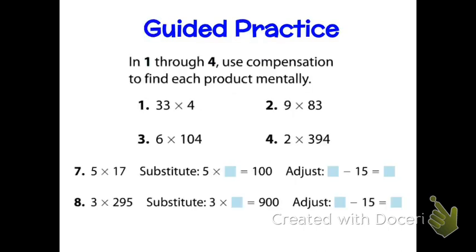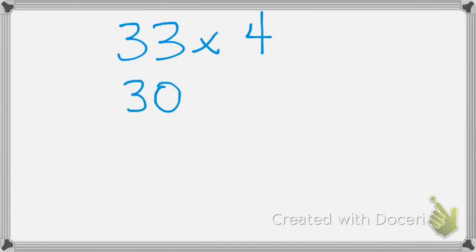We're going to take a look at some guided practice problems right now. On number 1, it says to use compensation to find each product mentally. Well, I'm going to start with number 1, and we're going to do this one together. We're going to do it 33 times 4. This is the original problem that we're starting with. But this time, I'm noticing that 33, it's really close to 30, which means I subtracted 3. So 30 times 4. 3 times 4 gives me 12.